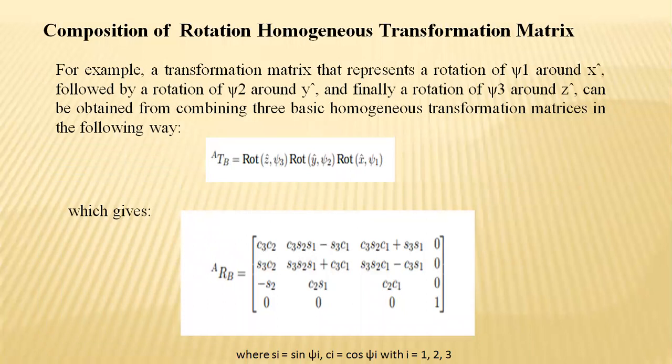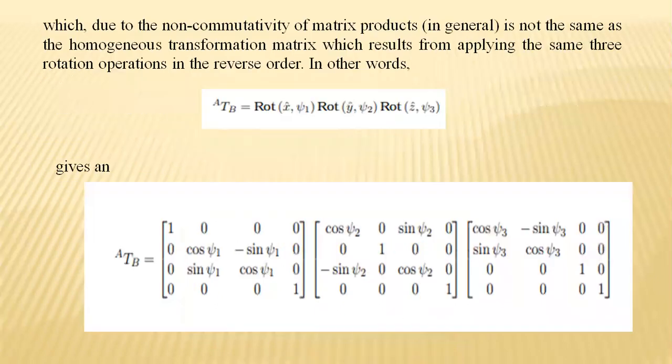So composition here specifies that the rotational process will be considered repeatedly based on theta values that will be changing according to the axis. Let's have a detailed look here at a combination of rotation.